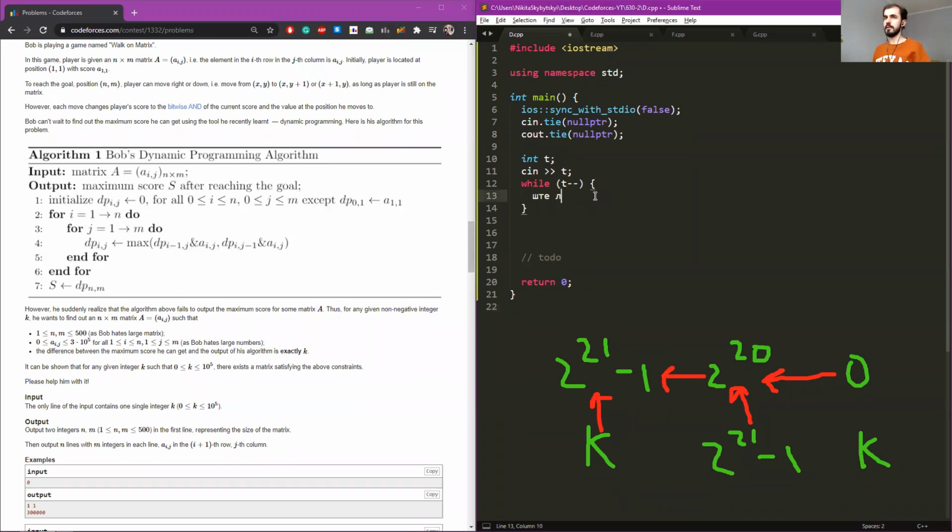We want to read, what do we want to print actually? Oh, we don't have test cases here. Why? Also, we have annoying cases like k equals 0.